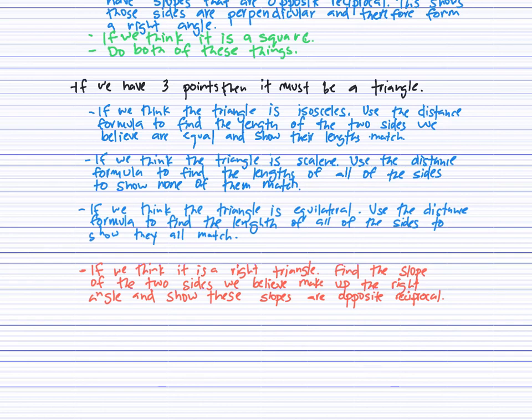If they're opposite reciprocal, then the lines are perpendicular and therefore form a right angle.